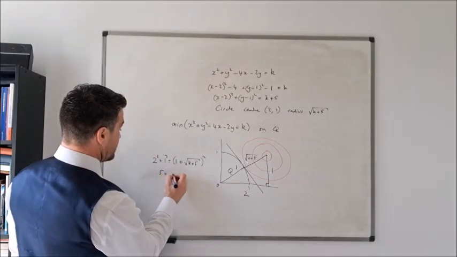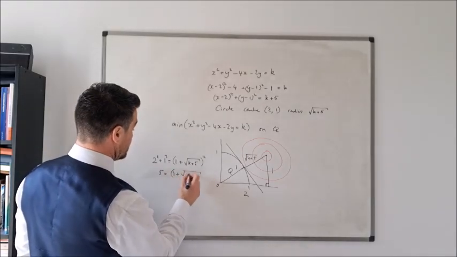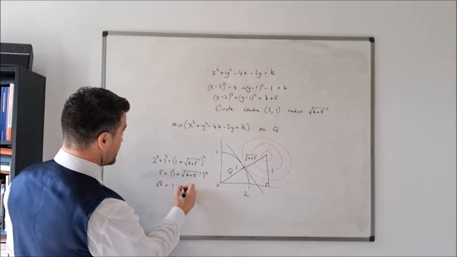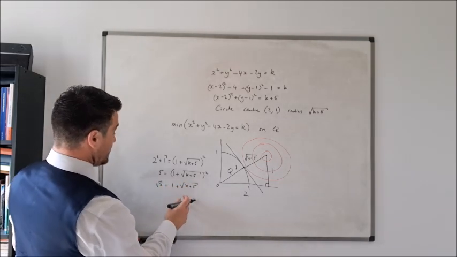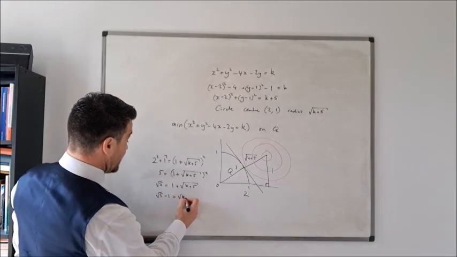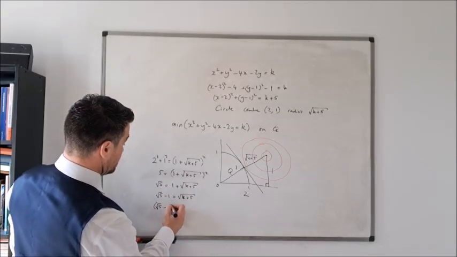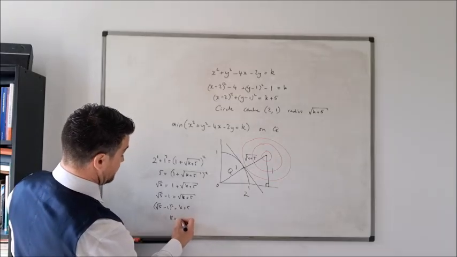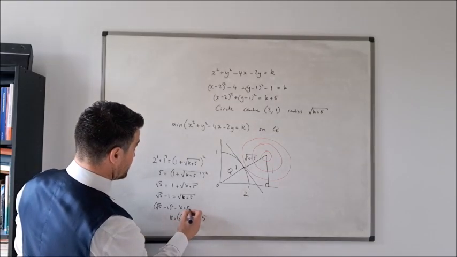So this is 5 equals 1 plus the square root of k plus 5, squared. So square root each side, you get square root of 5 equals 1 plus square root of k plus 5. So you get square root of 5 minus 1 equals root k plus 5. Square each side, equals k plus 5. So k is equal to the square root of 5 minus 1, squared, minus 5.